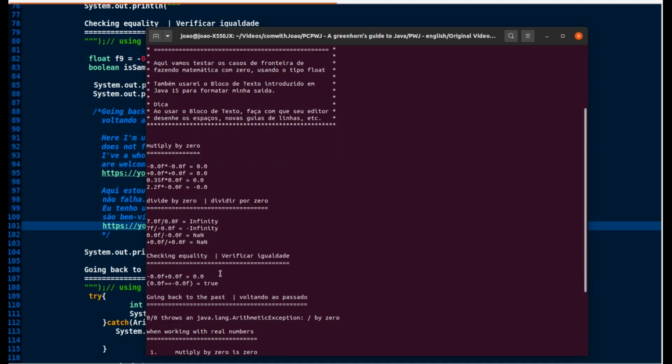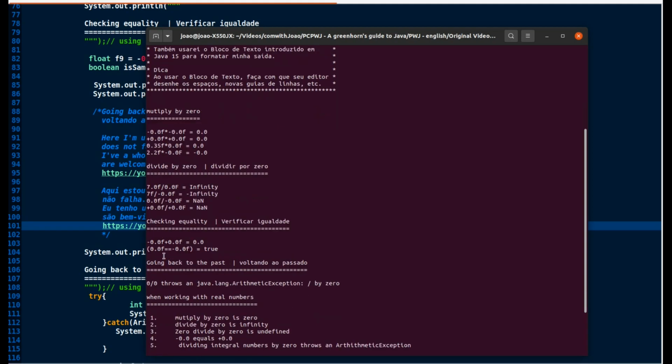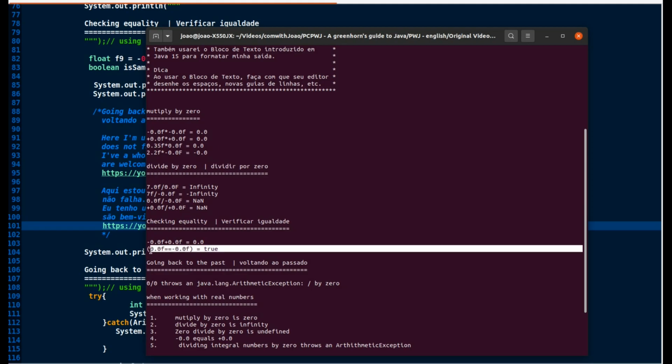Then checking for equality, I have negative 0.0f and 0.0f, and negative 0 plus 0 gives me a 0. I'm checking for equality, and I see that 0.0f is equal to negative 0.0f, so they are equal.